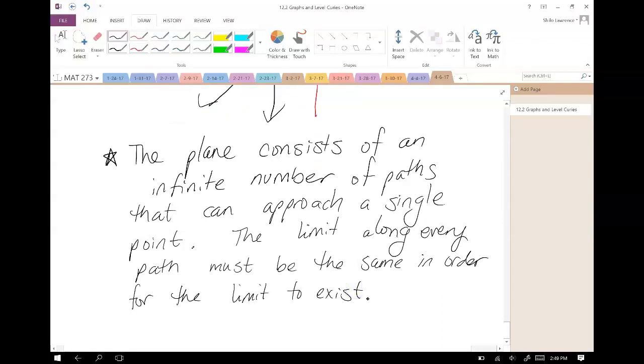But because there's so many, it's really going to be impossible for us to do. So really, what this is going to be more useful for is for us to show that it does not exist by finding a path where the answer differs.